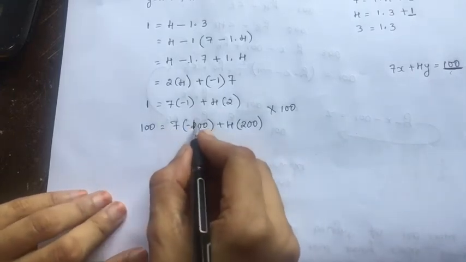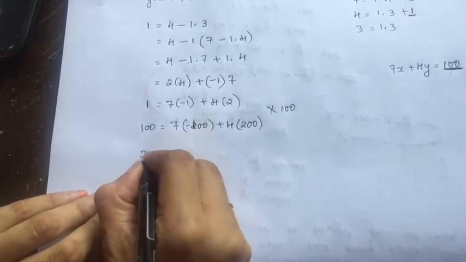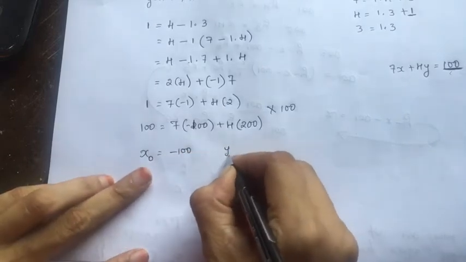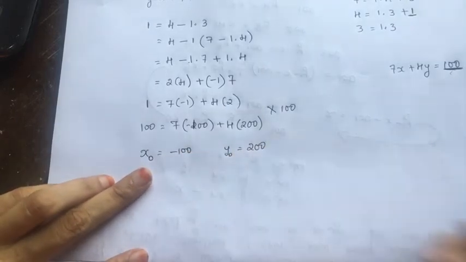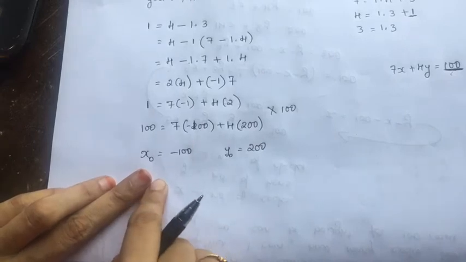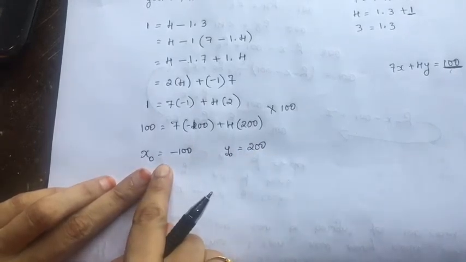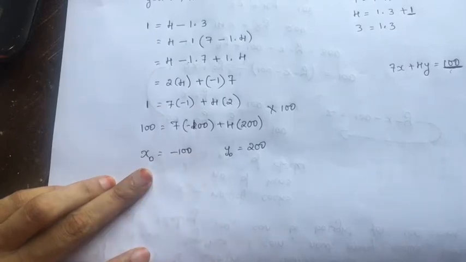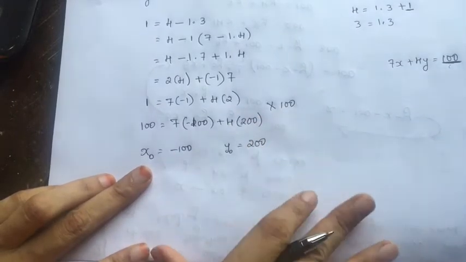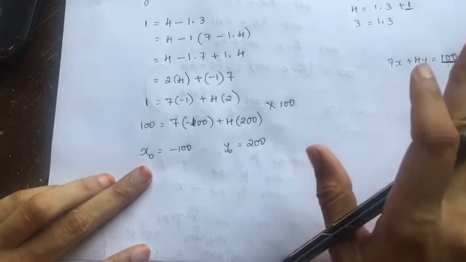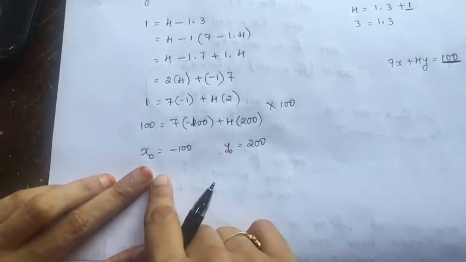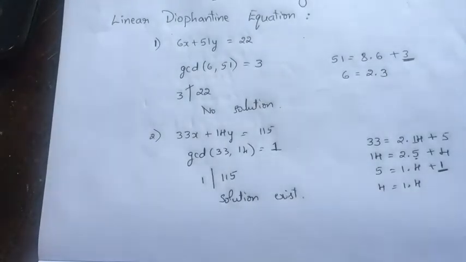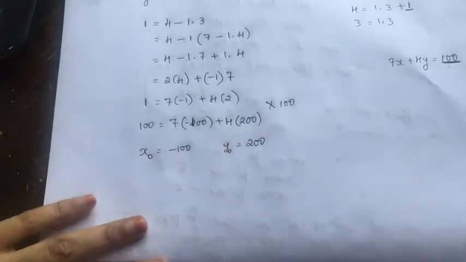So I'm getting here x naught as minus 100 and y naught as 200. Okay, here I'm getting a negative value of x, so I cannot take it as a particular solution for this equation, because we know x denotes the number of cogs and it should be positive.